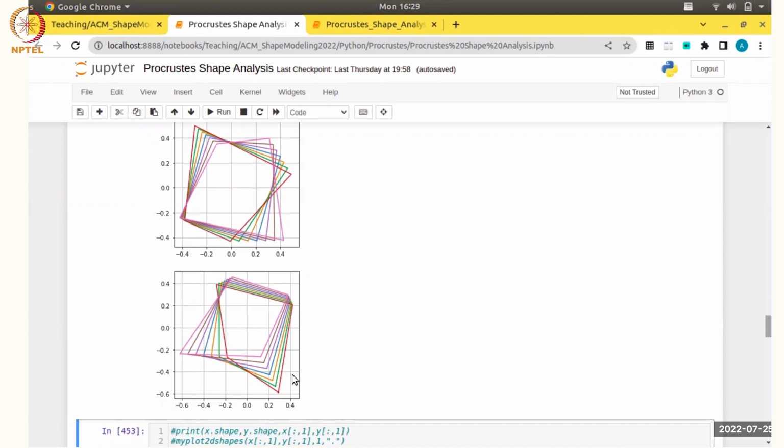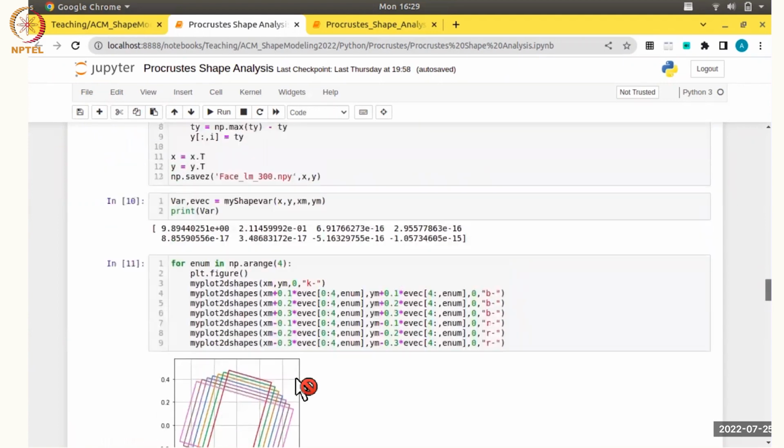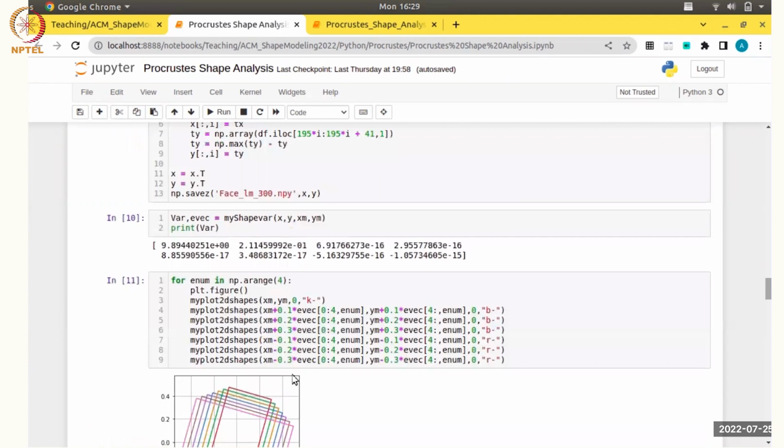Remember, you also need to take a look at the lambdas associated with these directions. So what you see over here, these are the eigenvalues. So aspect ratio change, the eigenvalue is 9.89. Scaling much smaller, but still it's 0.2, right? Then onwards, basically 0.